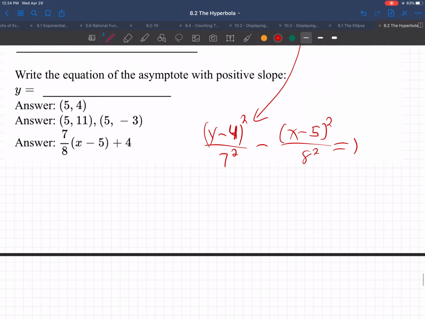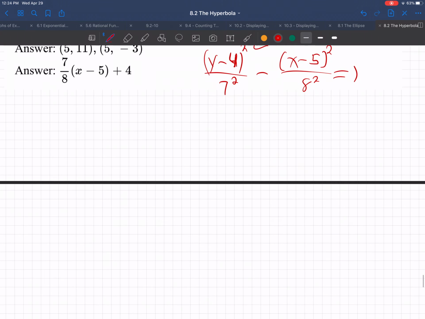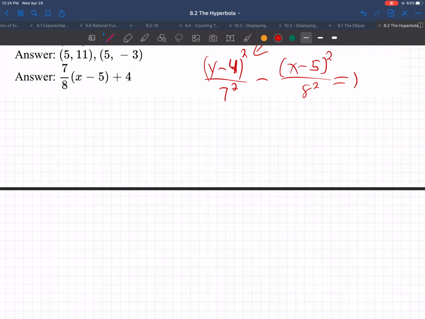And let's basically graph this thing. I'm running out of room on the table. I should have just brought it all the way down. All right, so (y minus 4) squared over 7 squared minus (x minus 5) squared over 8 squared is 1.